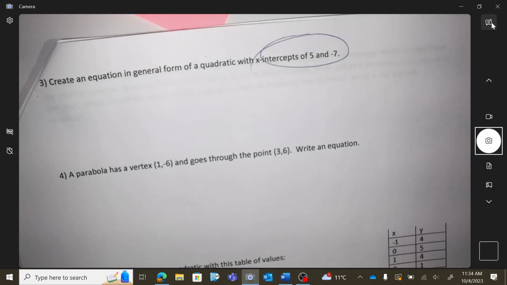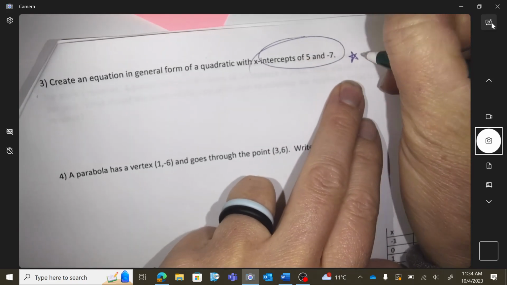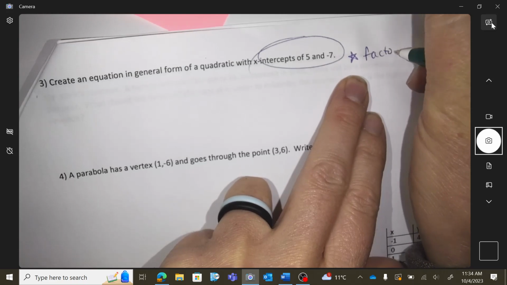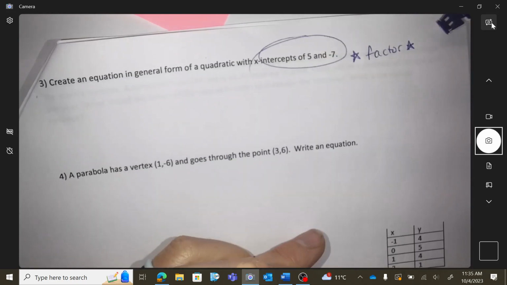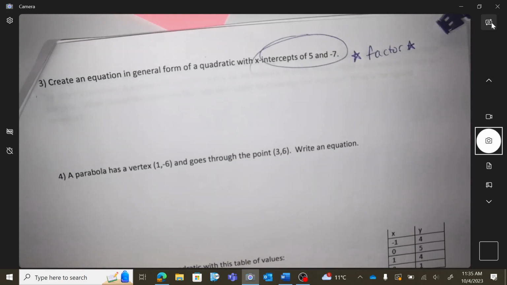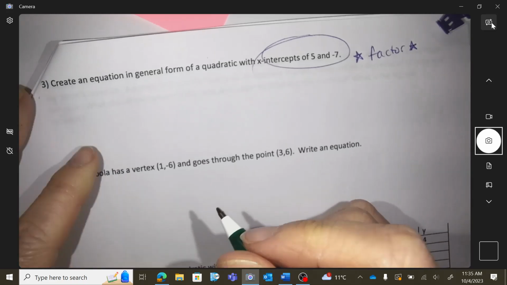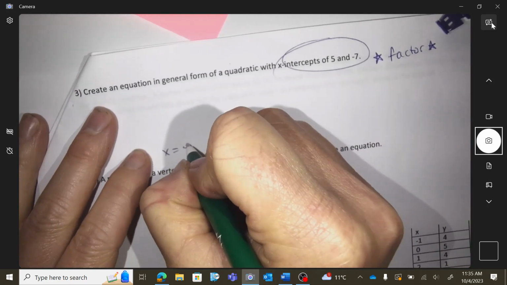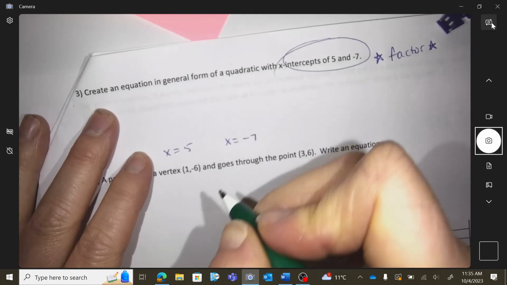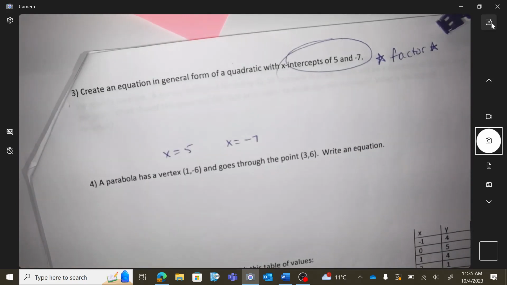And this has to be almost memorized, because if you can't think of it, you're going to just be lost. So how did you come up with x-intercepts? You should have answered to yourself, I factored to get those x-intercepts. So you factored, and then you came up with those.